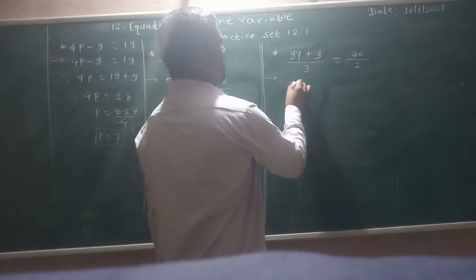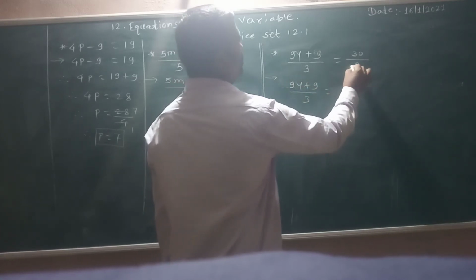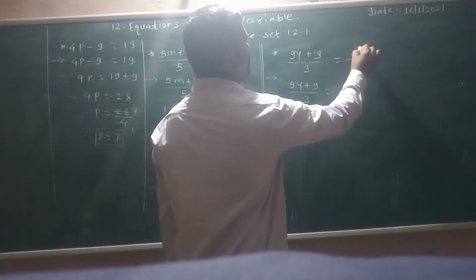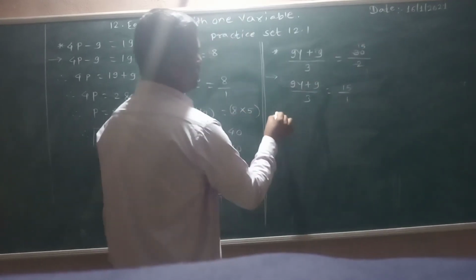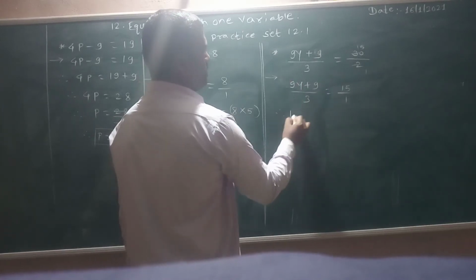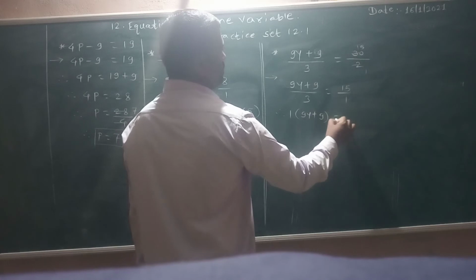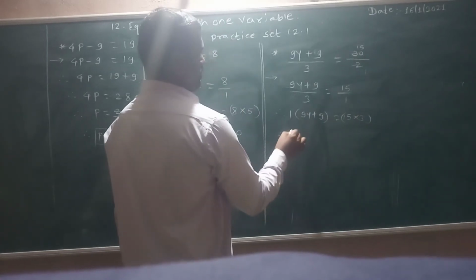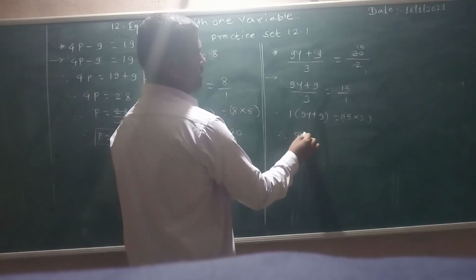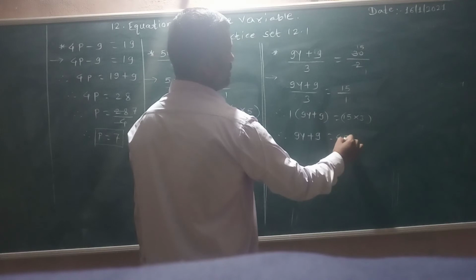Here 9y plus 9 upon 3 is equal to 2 1s are 2, 2 15s are 30, that is 15 upon 1, cross multiplication. 1 is multiplied by 9y plus 9 is equal to 15 into 3. Therefore 1 into 9y, 9y plus 1 9s are 9, 15 3s are 45.